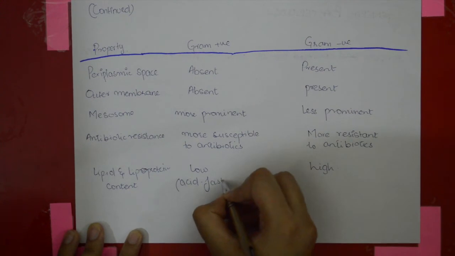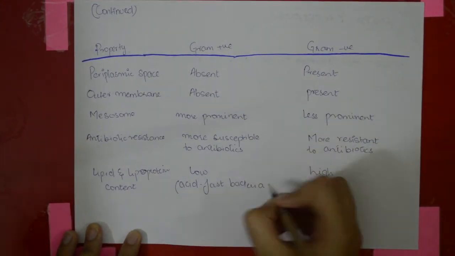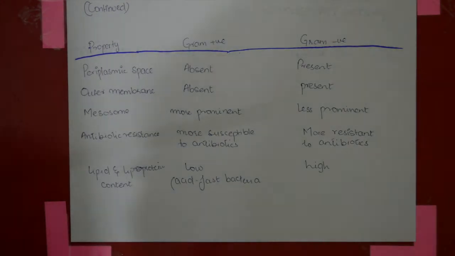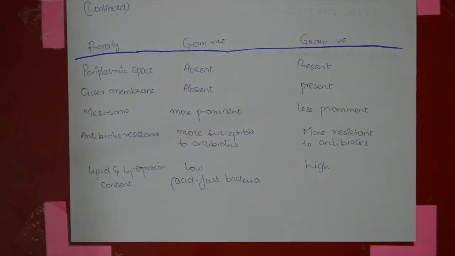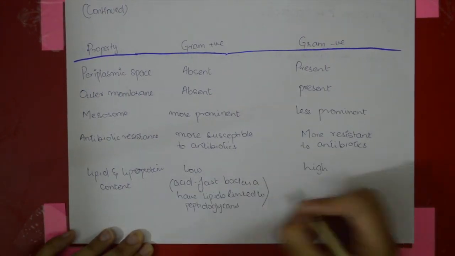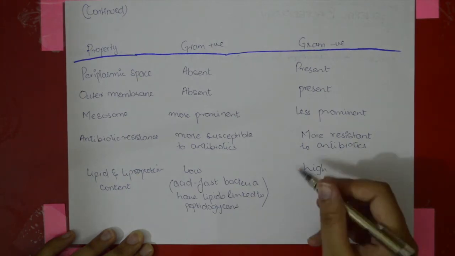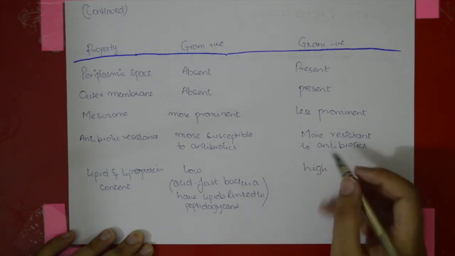Acid fast bacteria, you can actually write a little explanation for it, but acid fast bacteria have lipids linked to peptidoglycans, whereas this is high in gram negative due to the presence of an outer membrane.